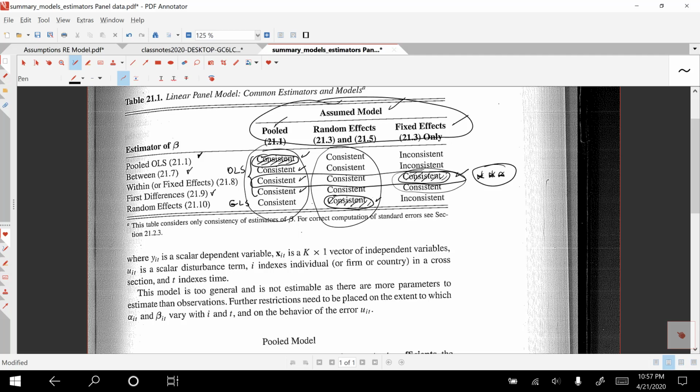But again, in econometrics nowadays, most of the time we use the fixed effects estimator because it's the most robust estimator, and remember, it also has the property that allows those time-invariant unobservables the potential to be correlated with the explanatory variables included in the model, which is important from an endogeneity perspective. Okay, so that's what I have for you today.